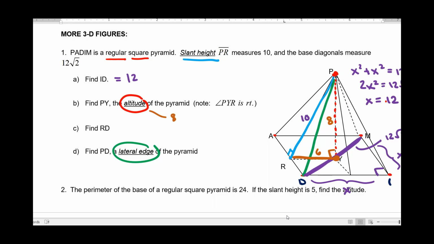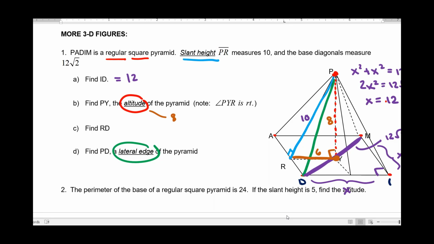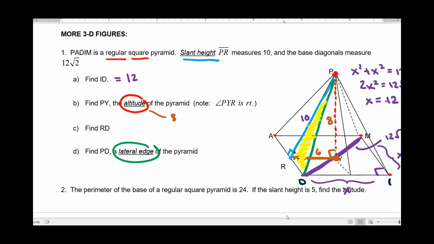And then to find PD, I can take a look at various triangles, but let's take a look at this triangle here on one of the faces. And you can see that this is a right angle right here.